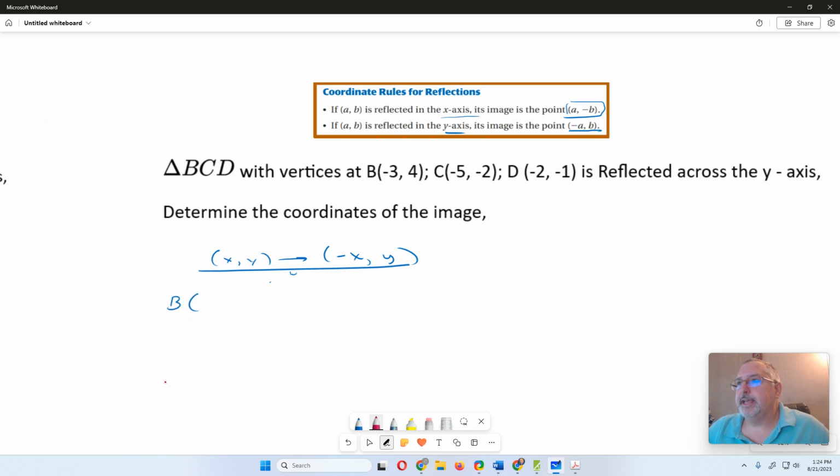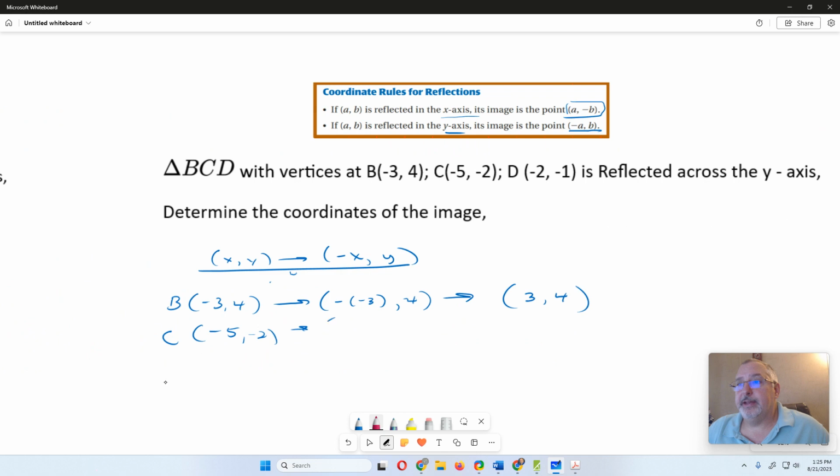So B is at (-3, 4). This time we're going to apply the opposite to the x coordinate and keep the y coordinate the same, giving us a reflection point at (3, 4). Then we've got C, which is at (-5, -2).